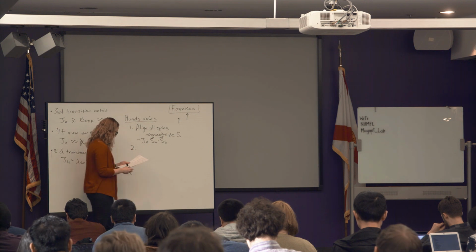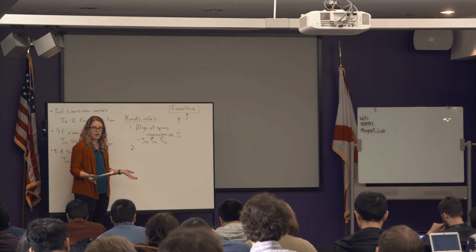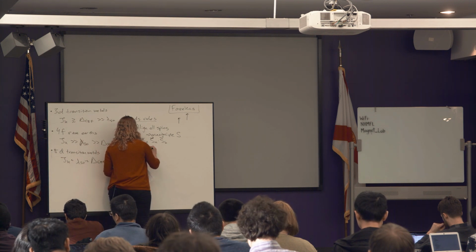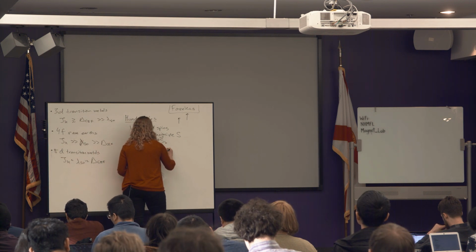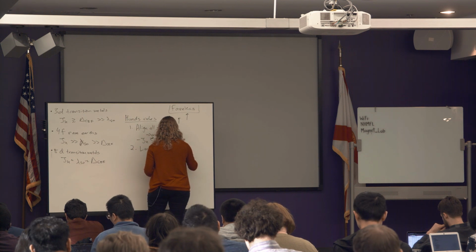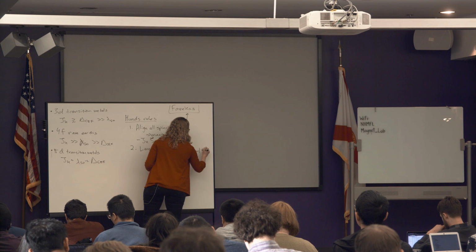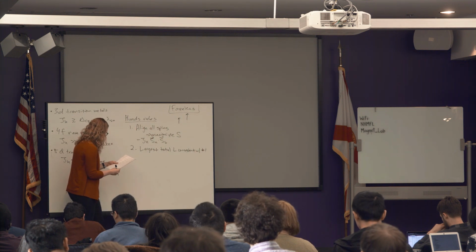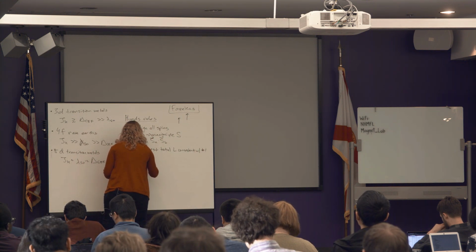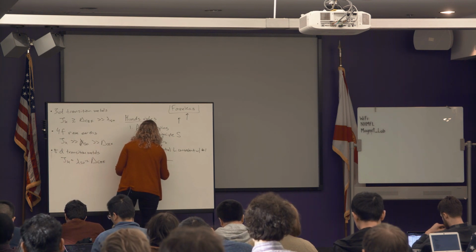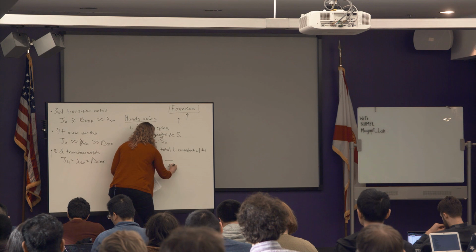Your second Hund's rule is that you want to get the largest total L that is consistent with the first rule. And so there's a cheat to figure out what this is. So if I have L equals 2, I can write my different Lz orbitals.